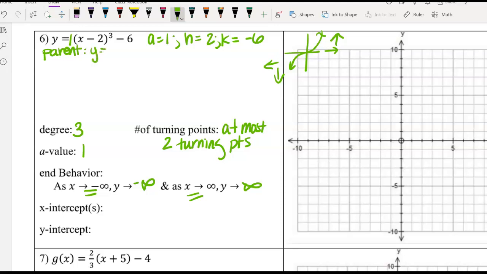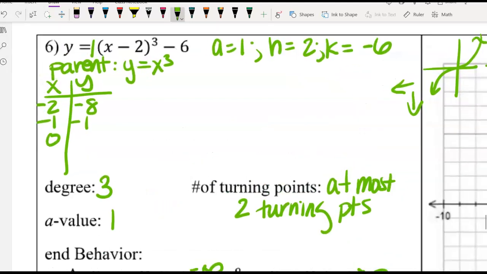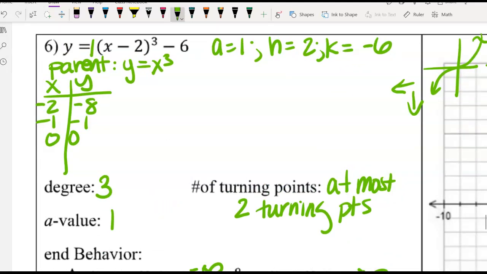So it's going to be y equals x cubed. Let's graph it really quickly. The parent: -2 is -8, -1 is -1, 0 is 0 for the cubic function, 1 is 1, 2 is 8.